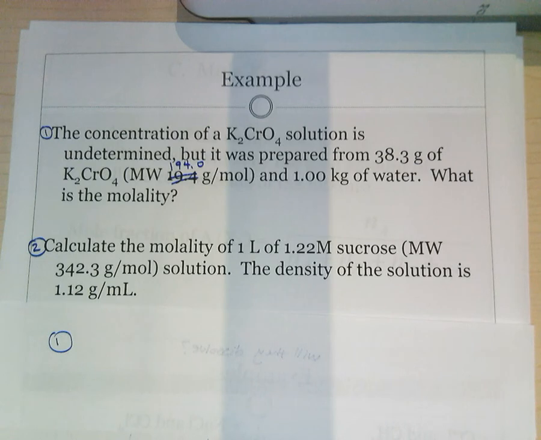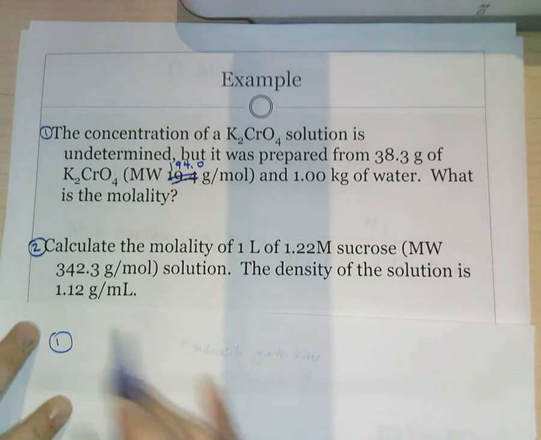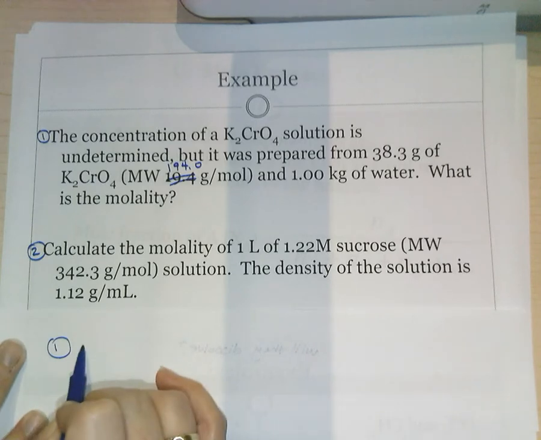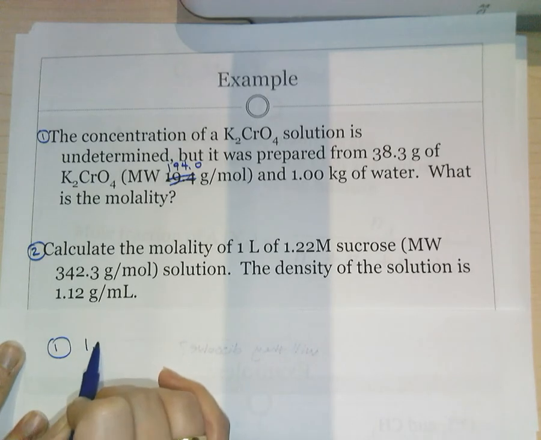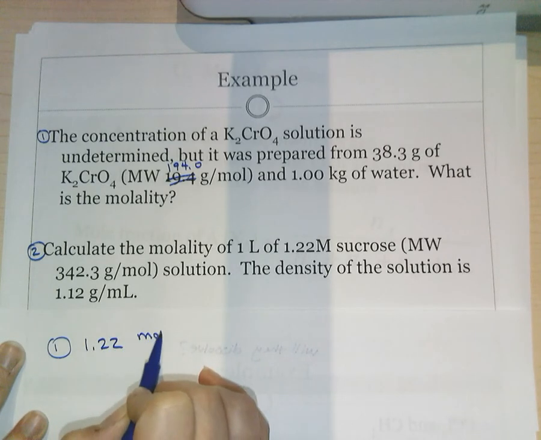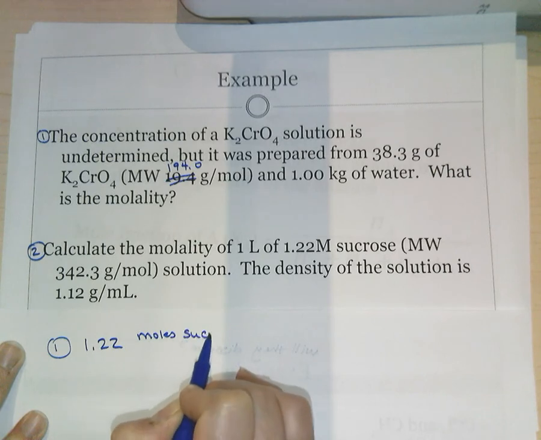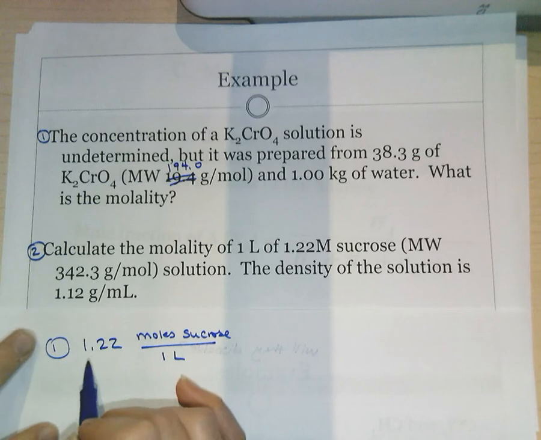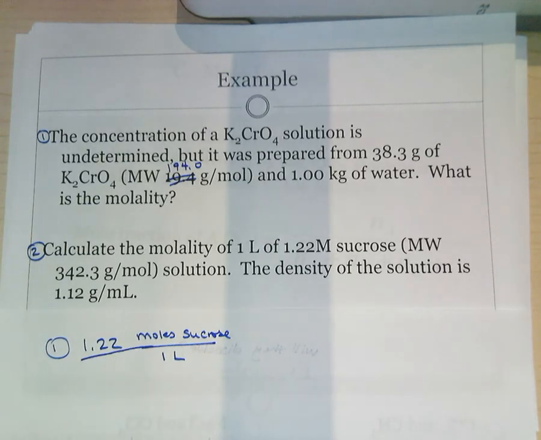So the first thing we need to figure out, actually, the first step is just going to be writing down all the things we're going to assume and know. All right, so we have 1.22 moles of sucrose per 1 liter. That's one thing we know from this problem. Do we know how many kilograms of solvent?